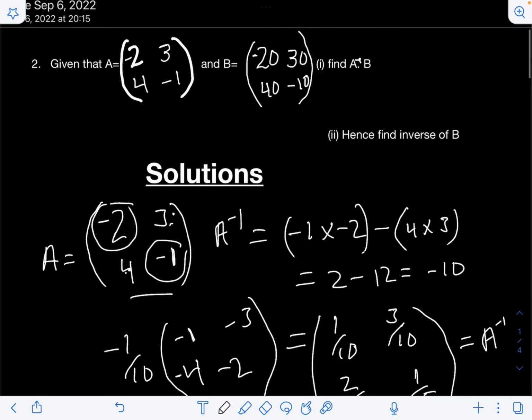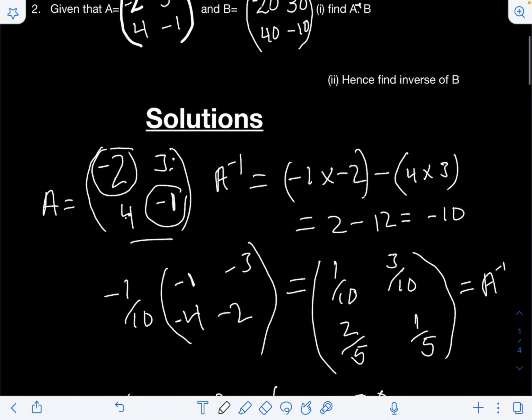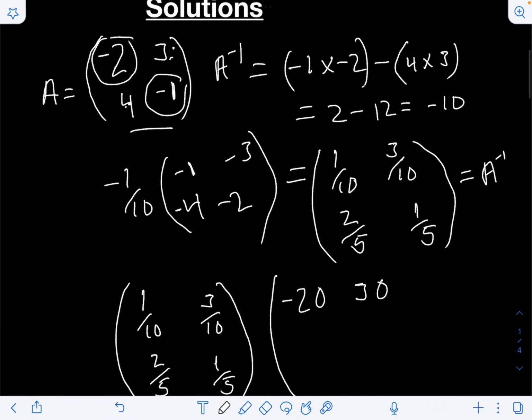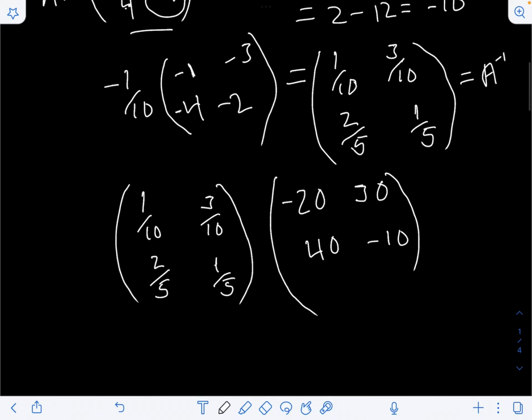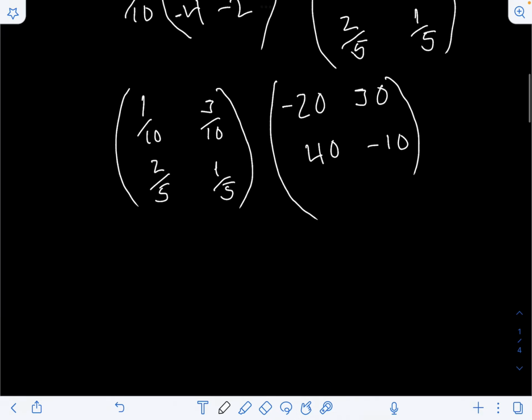We multiply by the value of B, which is -20, 30, 40, -10. Very good. This one will give us our first answer.